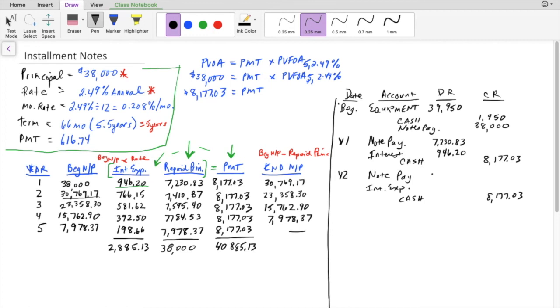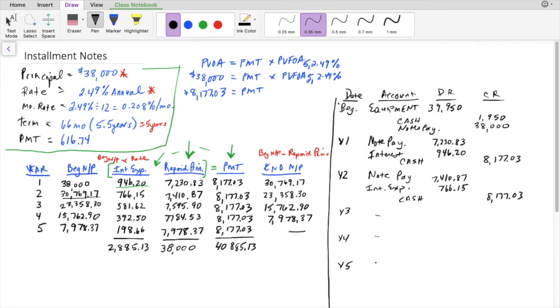My note payable amount, the repayment of my principal, is $7,410.87. And the amount of interest recorded is $766.15. And I would do the same for year 3, year 4, and year 5.